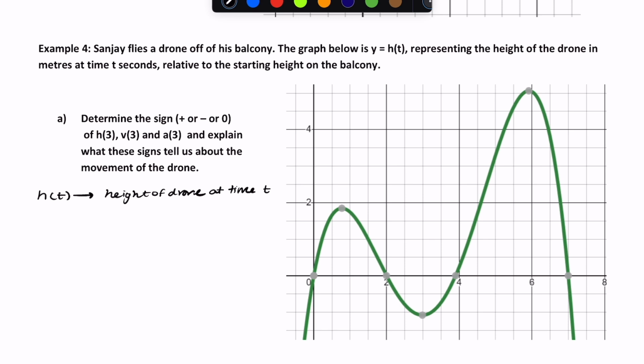Remember, v of t is equal to h prime of t, so the derivative, and here represents velocity, and a of t is equal to v prime of t, which is also equal to h double prime of t, and that represents, again, the acceleration.